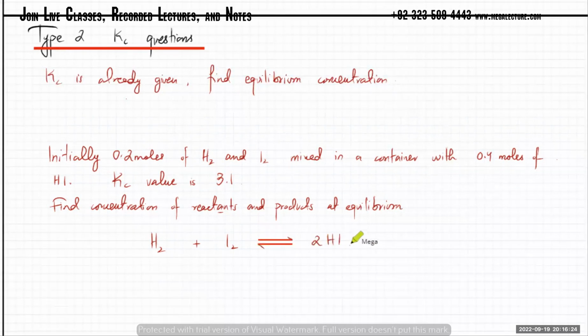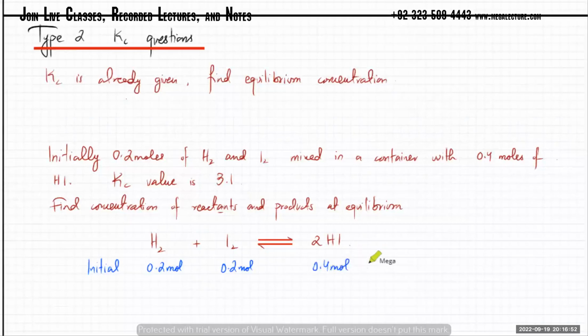So everything is kind of the same. You've got your initial moles. Initially, the container had 0.2 moles of H2, it also has 0.2 moles of I2, and it's got 0.4 moles of HI.